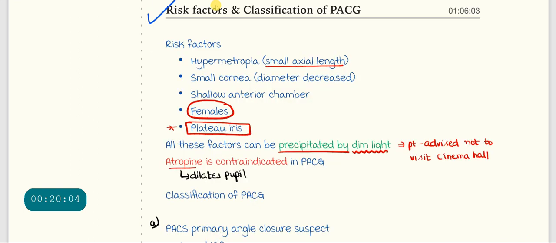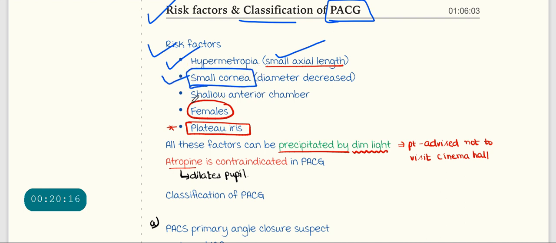Now what are the risk factors associated with PACG? The risk factors are hypermetropia, small axial length, small cornea, and a shallow anterior chamber. It is commonly seen in females, and plateau iris is seen.